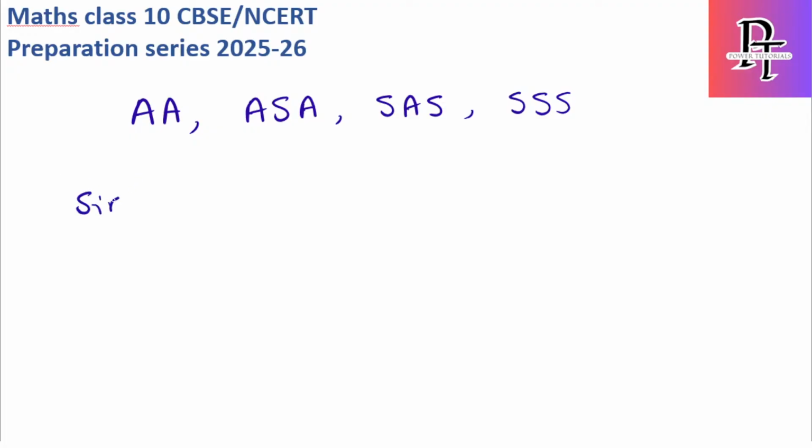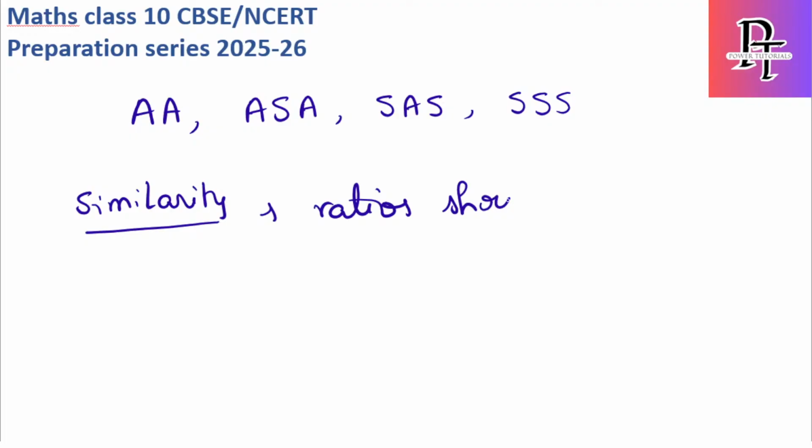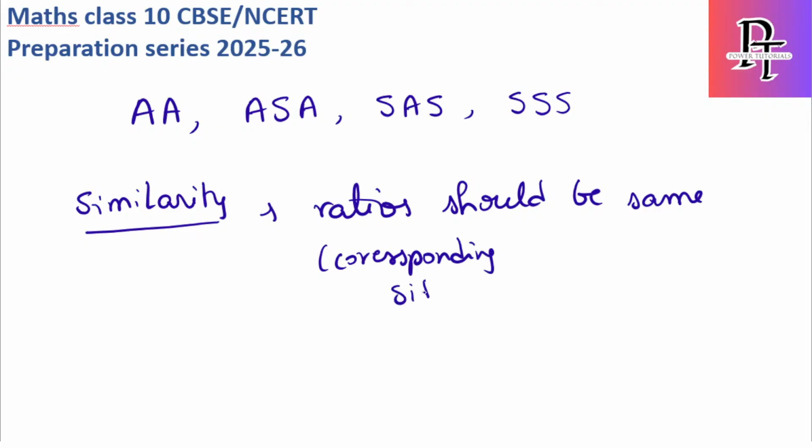Similarity means the ratios should be the same. Ratios of corresponding sides, whereas angles should be equal.